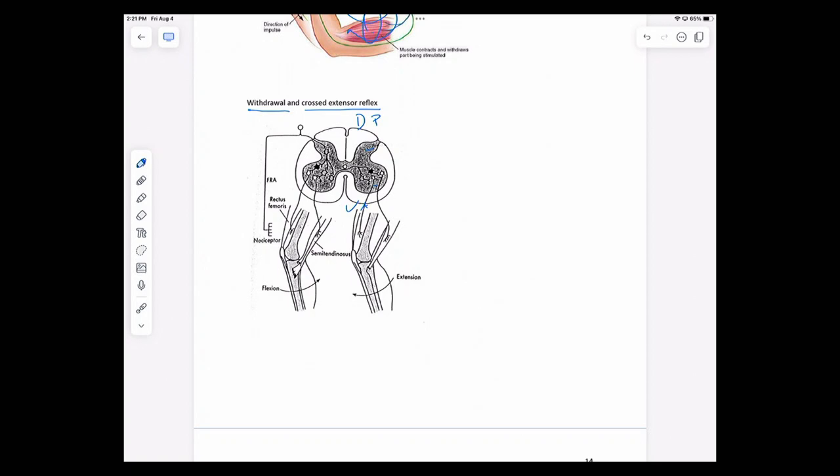So imagine that we just extend this down here, and you've got a foot, okay? That's my foot. And suppose you were to step on a tack with that foot. Well, reflexively, you're going to pull that foot away. You're going to flex that lower leg, and you're going to pull it off the tack. So again, what you have here is your pain. There's your DRG there.